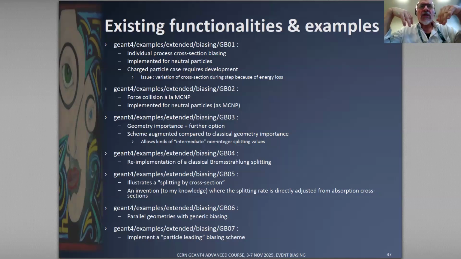So whatever complication you have in your tracking geometry is not seen in the parallel geometry, and so you can easily define slices which are physically not existing inside your tracking geometry, but which allow you to split where you need without having to completely re-edit your geometry in a complicated way. And the last example is a reimplementation of the particle killing scheme.